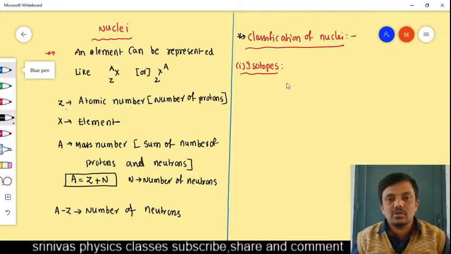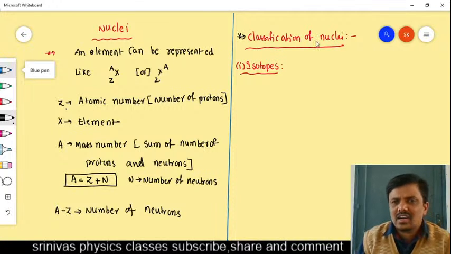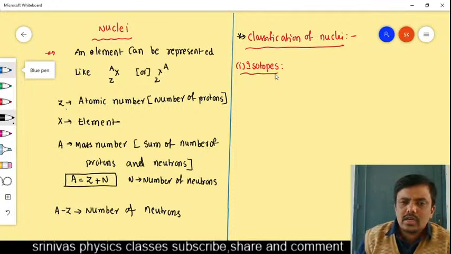Right, what is an isotope? Certain elements are classified into isotopes, isobars, isotones.